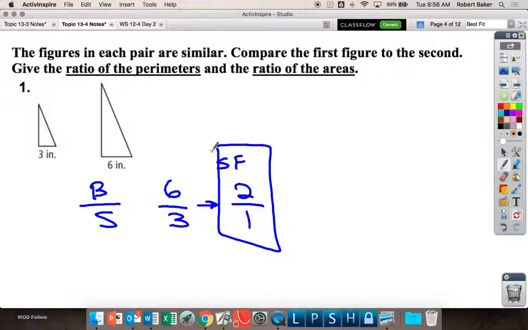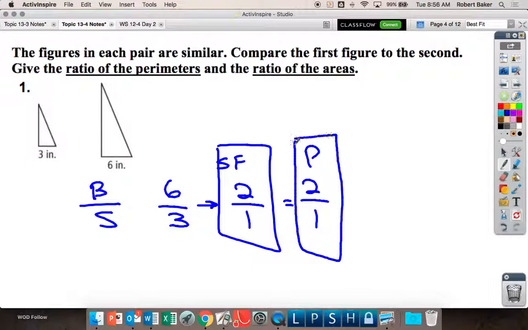So let's find the ratio of our perimeters. What is the ratio for perimeters? Yeah, it's the exact same thing. 2 over 1. A over B. And what is the ratio of our areas?